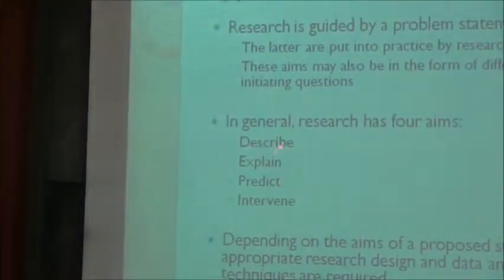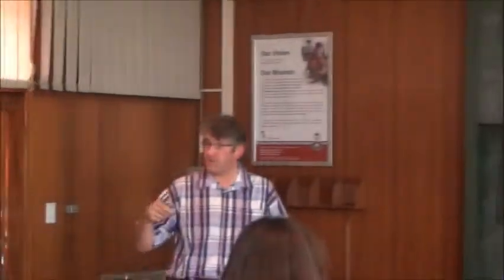Let's say, for example, don't you guys also work with manual dexterity? Let's say you want to identify the characteristics associated with those individuals that have gone through a particular sort of intervention to regain the dexterity in their hands. Depending on how far you want to go, you can identify and describe the characteristics associated with those that seem to be successful in using their hands again.